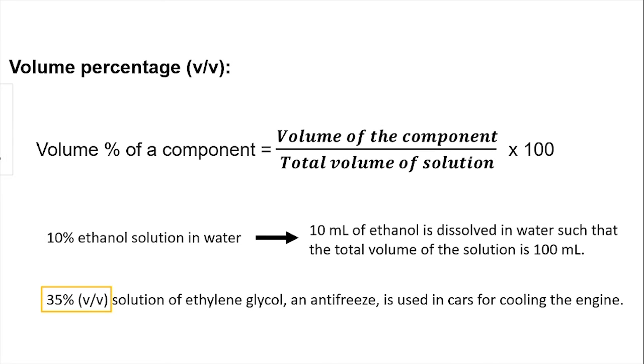Solutions containing liquids are commonly expressed in this unit. For example, a 35% volume by volume solution of ethylene glycol as antifreeze is used in cars for cooling the engine. At this concentration, the antifreeze lowers the freezing point of the water to 255.4 Kelvin, that is minus 17.6 degrees Celsius.